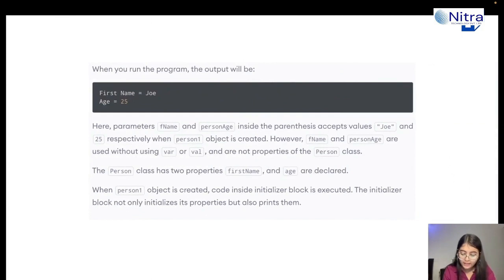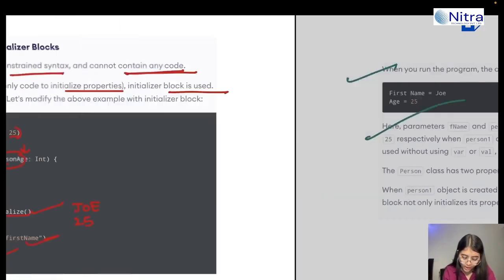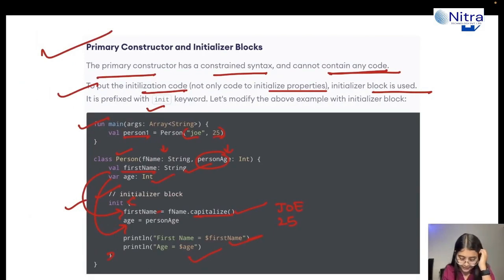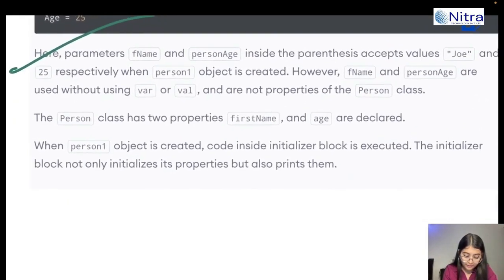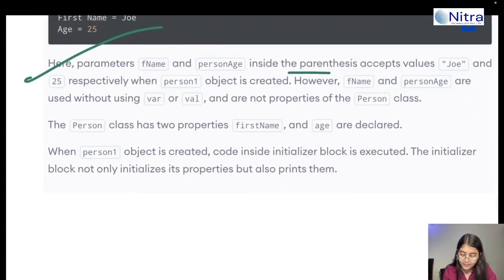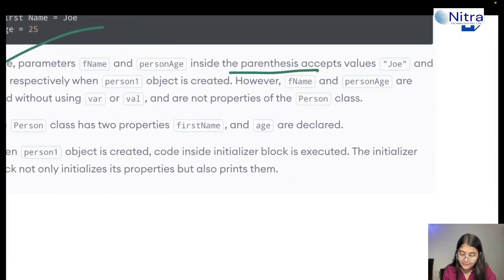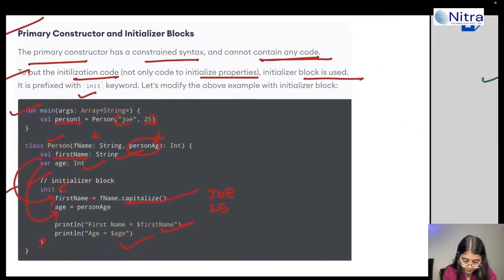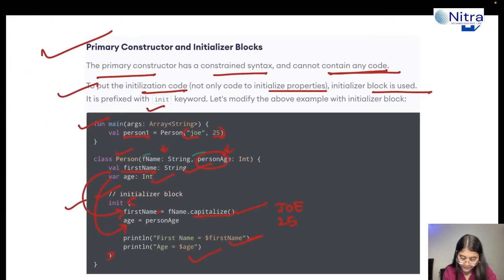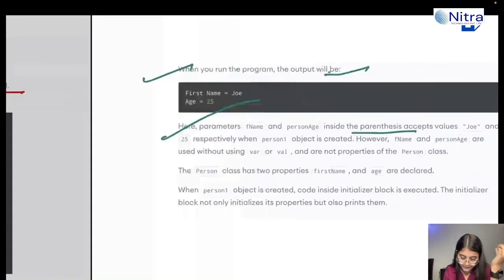And moving ahead, when you run the above program, the output will be first name Joe and age is 25. So here the parameters fname and personAge, inside the parentheses, accept the values Joe and 25, which we pass from here.